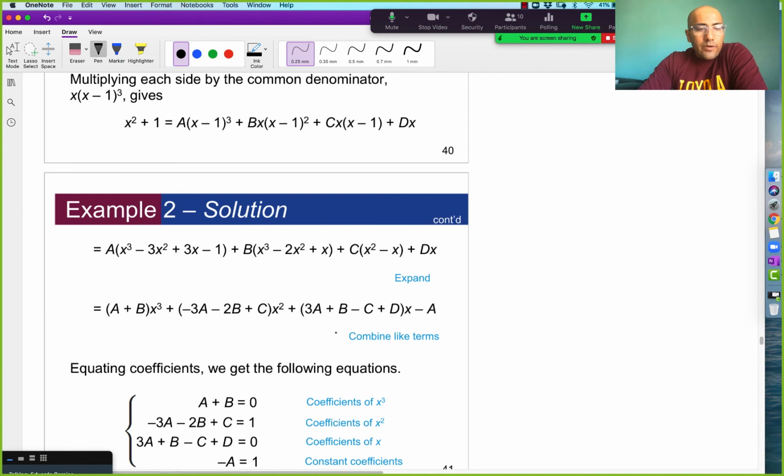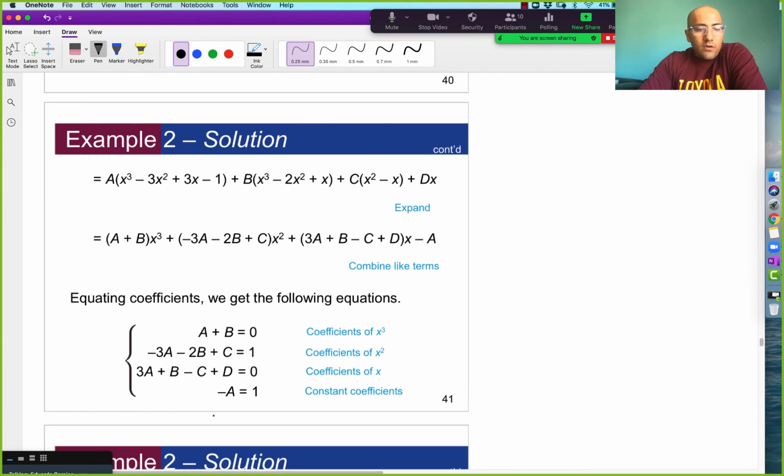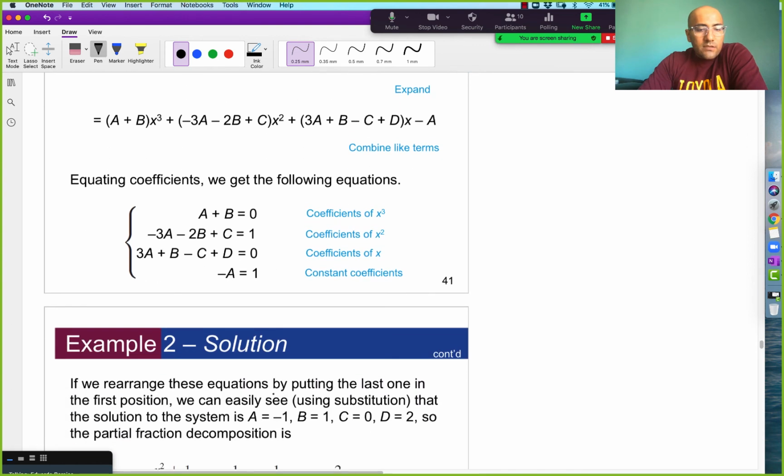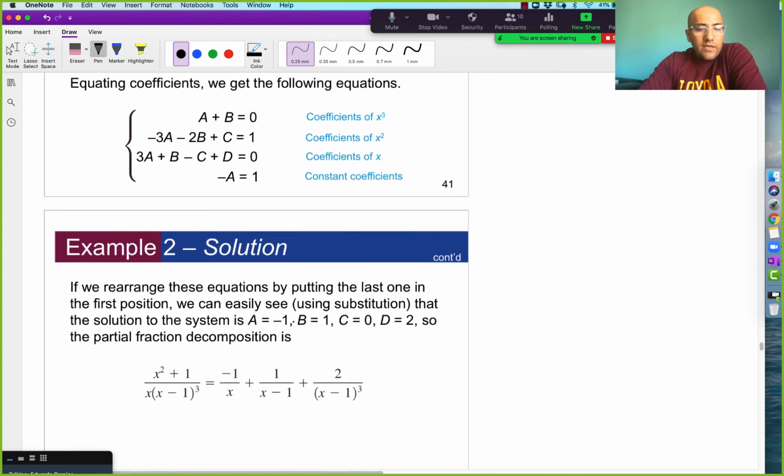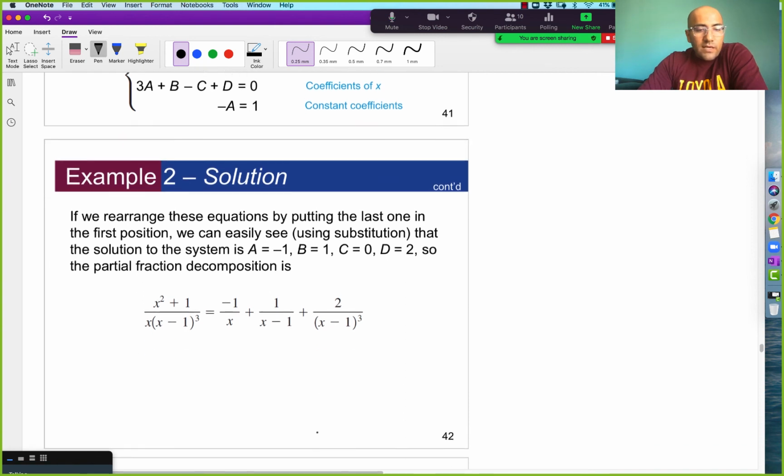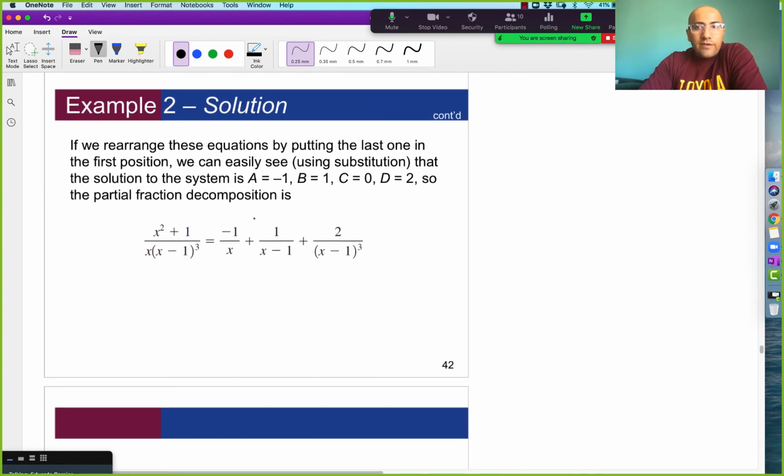We end up with the same terms. Break it down by pieces. We end up with this. It's a triangular one. A equals -1. B equals 1. C equals 0. D equals 2. And so that means that the term with C equals 0 disappears, and we're able to rewrite our fractions this way. Right? Same answer.